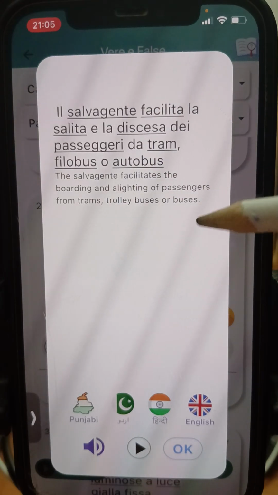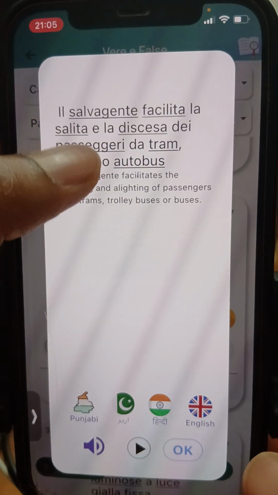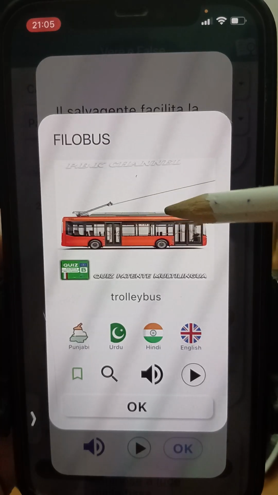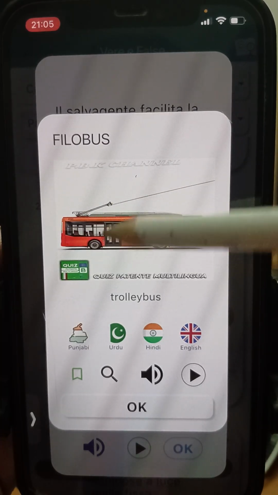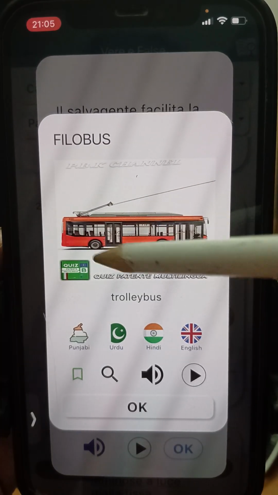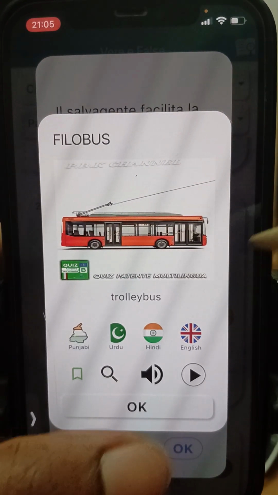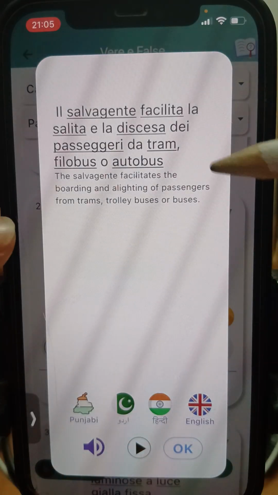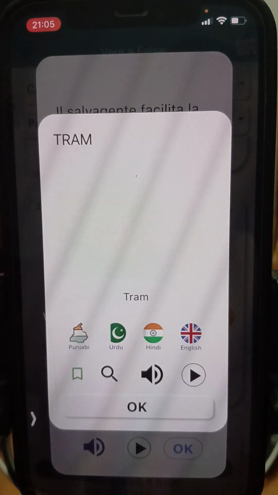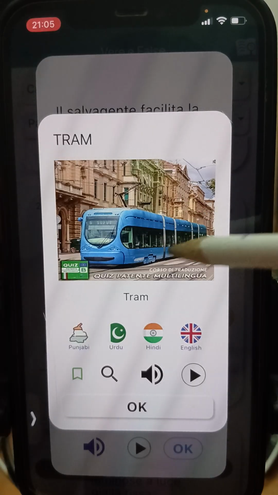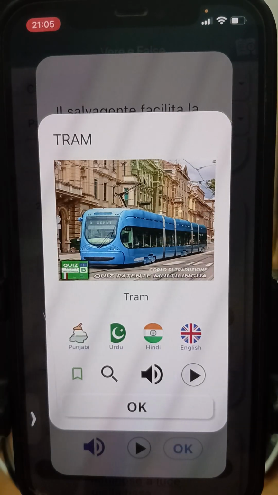Filobus are those long buses that resemble a tram but are not a tram, or you can still call it a tram. Now this one is not a tram. This one is in some big cities. It is not in my small city, but I think it is close to the Milano side.